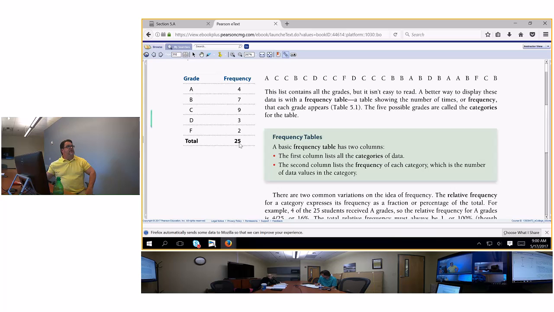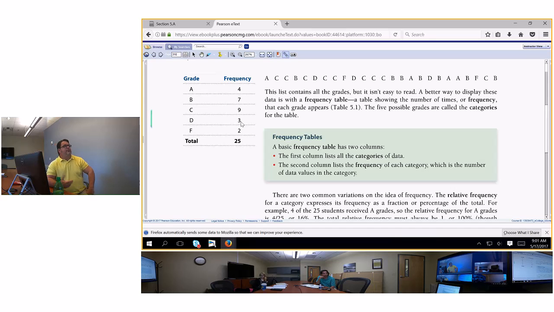4 and 7 is 11. 11 and 9 is 20. 20 plus 5 is 25. So your relative frequency for your first one would be 4 over 25. 7 over 25. 9 over 25. It'd be fractions, which turn into a decimal or a percent.